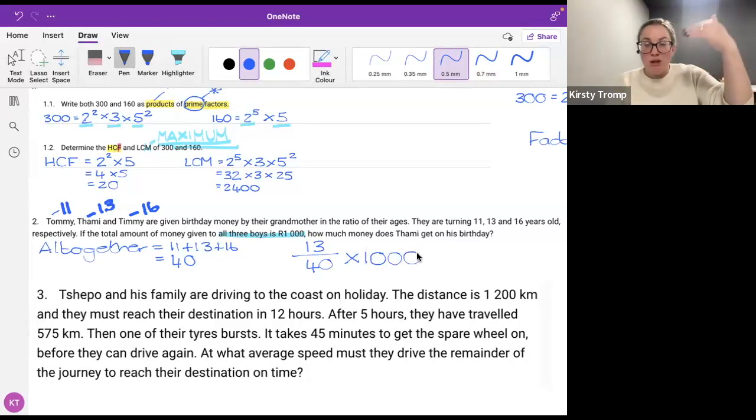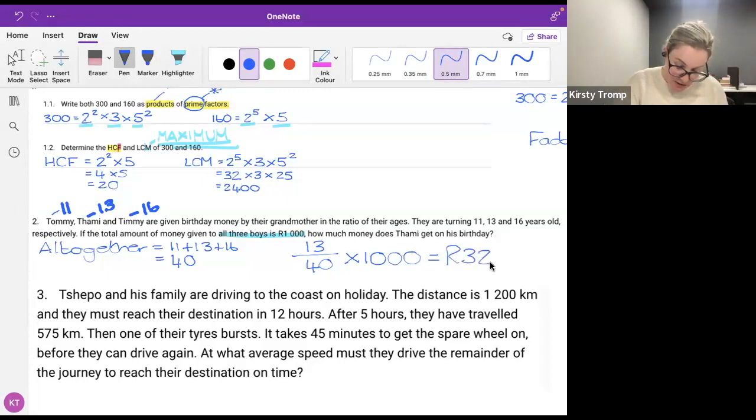So he's 13 out of the total of 40, and we multiply that by the 1,000 Rand they get in total. We take our calculator: 13 over 40 times 1,000, and it gives us 325.